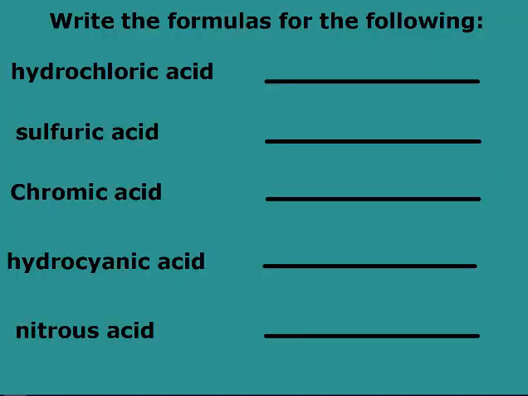So when writing our formulas, the first thing we do is say, oh, it's an acid. If it's an acid, it should start with hydrogen ion. Then we go backwards. Hydro and ic came from IDE. So I'm going to drop those and put IDE there. So chloride. Chloride was Cl with a -1 charge from the periodic table.